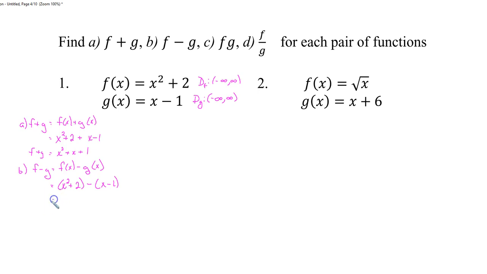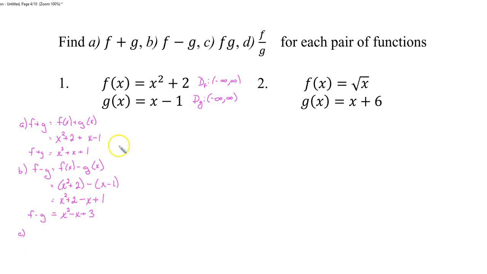When we subtract these, we'll drop the parentheses because we'll be changing some operations in here. We're going to make this minus x and then plus 1. That's what happens when we distribute that negative sign. So this is then going to become x squared minus x, and then 2 plus 1 is going to be plus 3. And this is our new function f minus g of x.